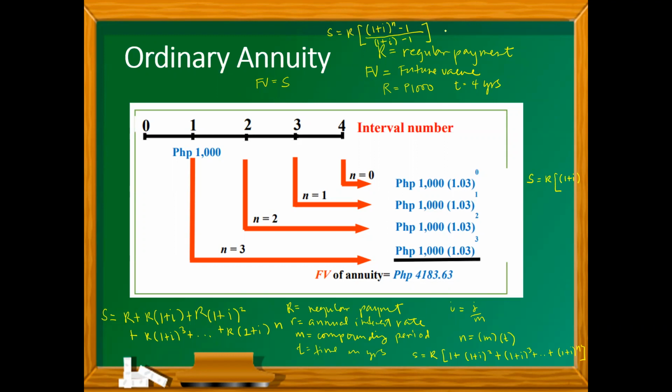Now, simplifying this formula, we will come up with S equals R times quantity 1 plus i to the n minus 1 all over i. And this one will be our formula in solving for the future value of an annuity.